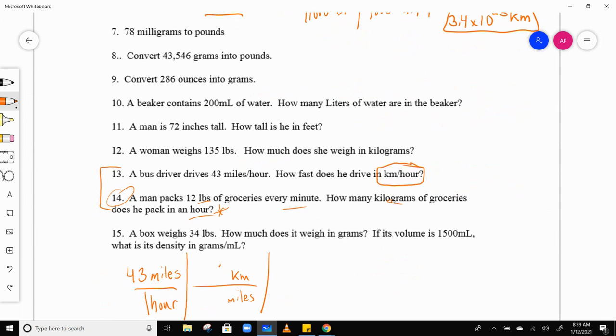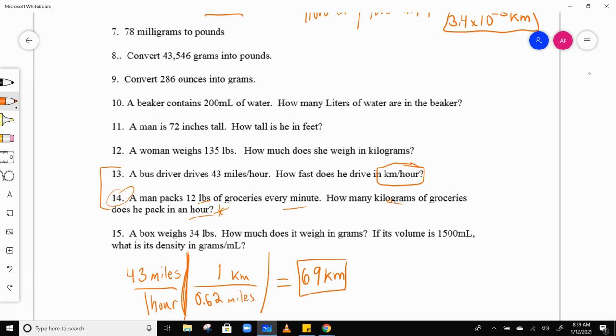So 1 kilometer is 0.62 miles. So we're going to do 43 divided by 0.62. And we get basically 69 kilometers.